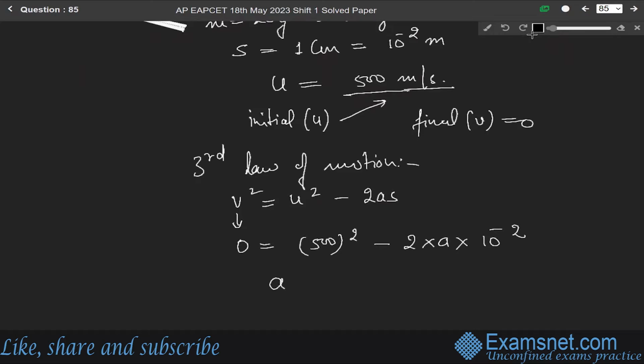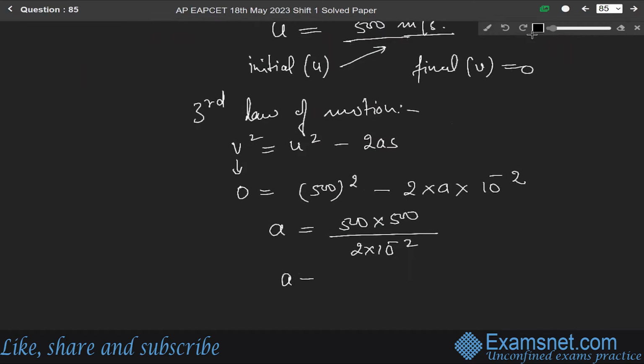We have to find the acceleration A. Solving it, we get A is 500 into 500 over 2 into 10 to the power minus 2, so A equals 12.5 into 10 to the power 6 meter per second square. Let us say this is equation 1.